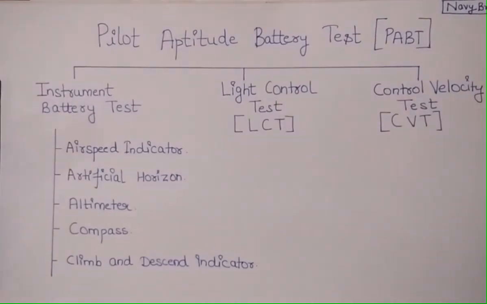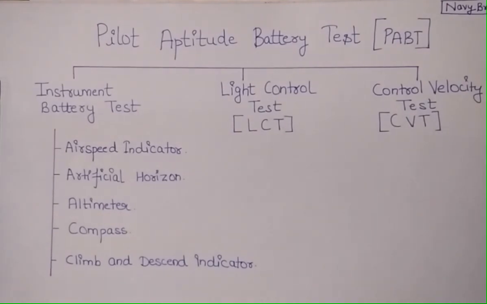The second one is the artificial horizon. It shows 0, that is no banking, as its arrow coincides with the marking, which shows the degree of banking in 10, 20 and 30 degrees.